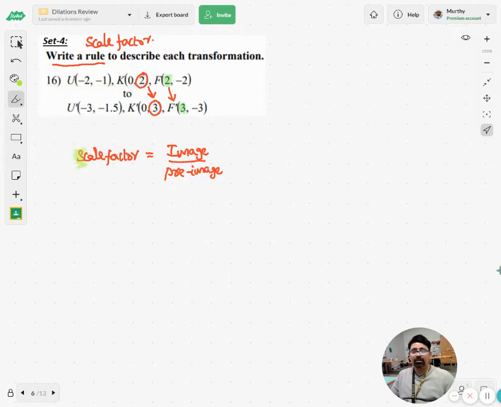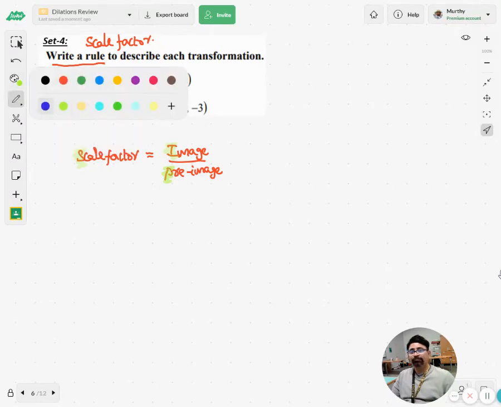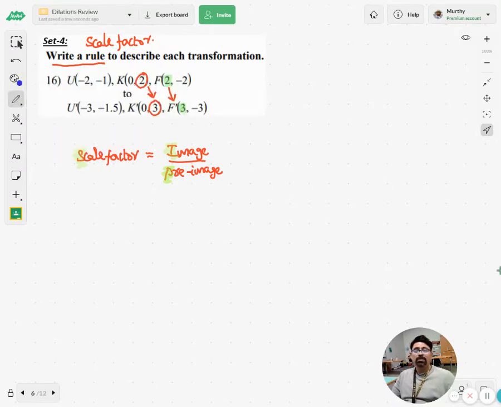The first letter of scale factor, the first letter of image, the first letter of pre-image, these three I'm making as SIP. Image means the final product. And pre-image means the original figure.